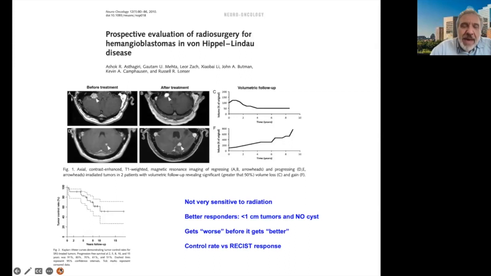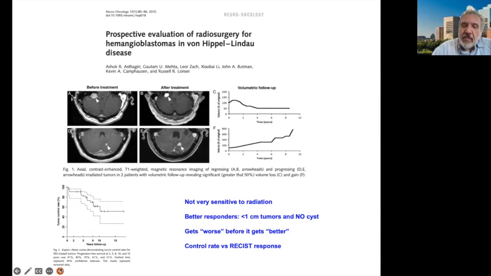They respond better when they are very small, less than 1 centimeter, and they have no cyst. Because you radiate, you actually create inflammation, and the inflammation creates growth. So they get worse, they get bigger, before they get better.